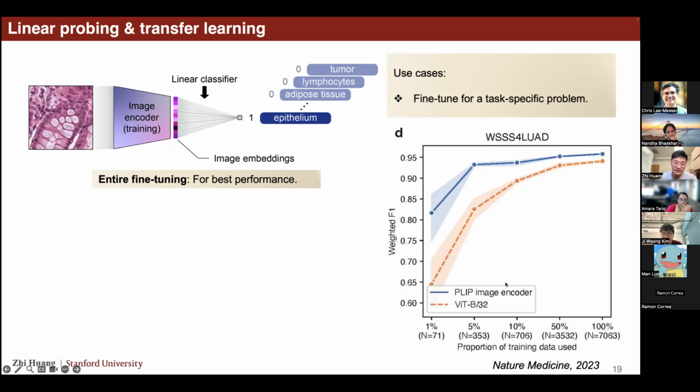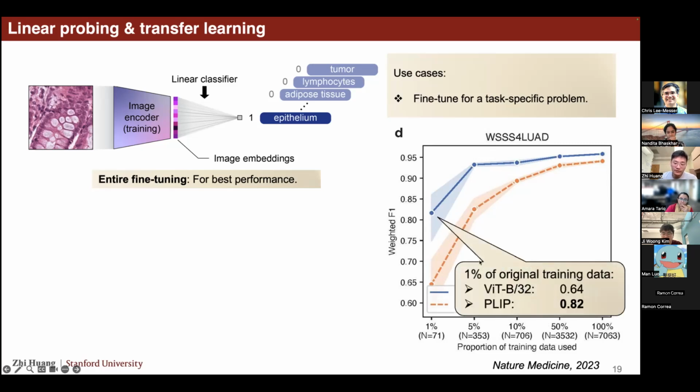And the improvement is especially large when we only use 1% of the training data. PLIP can easily achieve 0.82, but the same model architecture, vision transformer base, can only achieve 0.64. What does that mean to us? Meaning if you only have 70 images in your pocket, you don't have a large dataset to train, and you still want to get a higher performance, it's better to start training with PLIP rather than a different model architecture. So that's the basic concept.